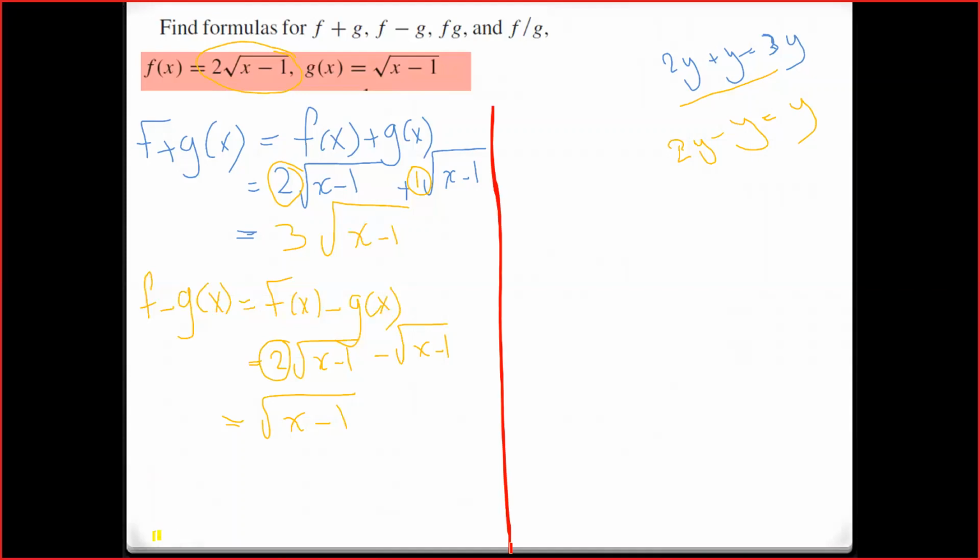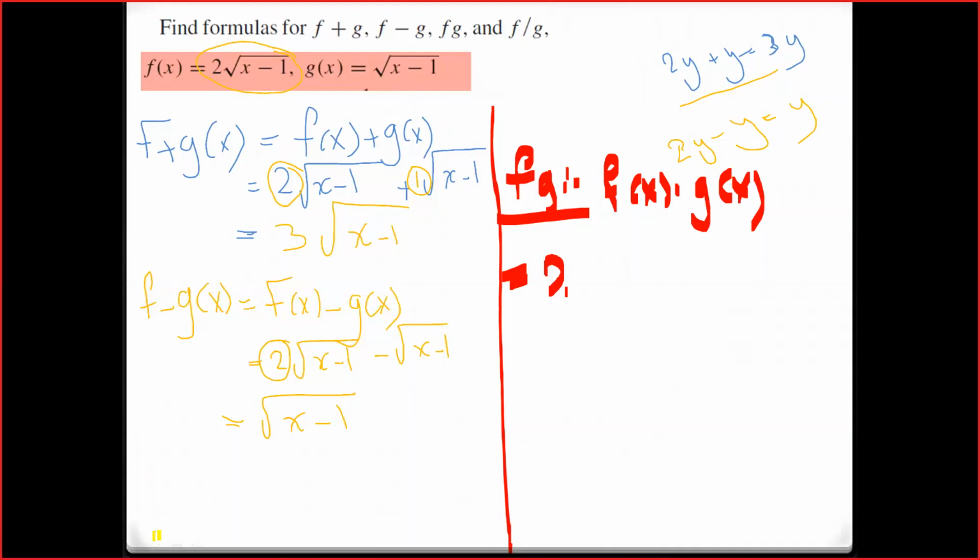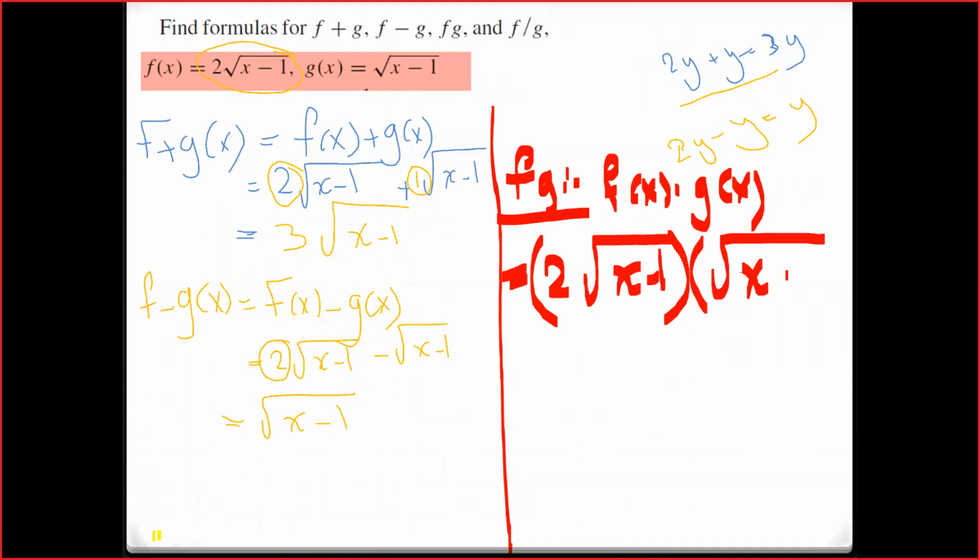Now, f times g. Here I have to multiply f of x times g of x. F of x here is 2 square root of x minus 1. And I multiply it with the square root now of x minus 1.